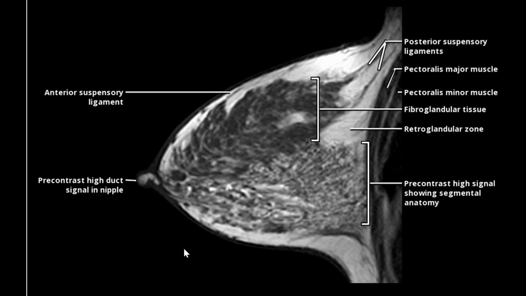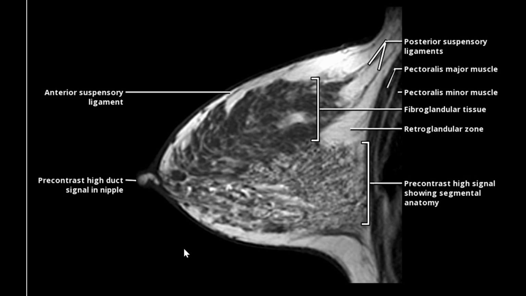So breast imaging is usually performed during the follicular phase of the menstrual cycle, because during the follicular phase, breast tissue is less dense and breast water content is minimal, and these features are helpful to diagnose the pathologies better.